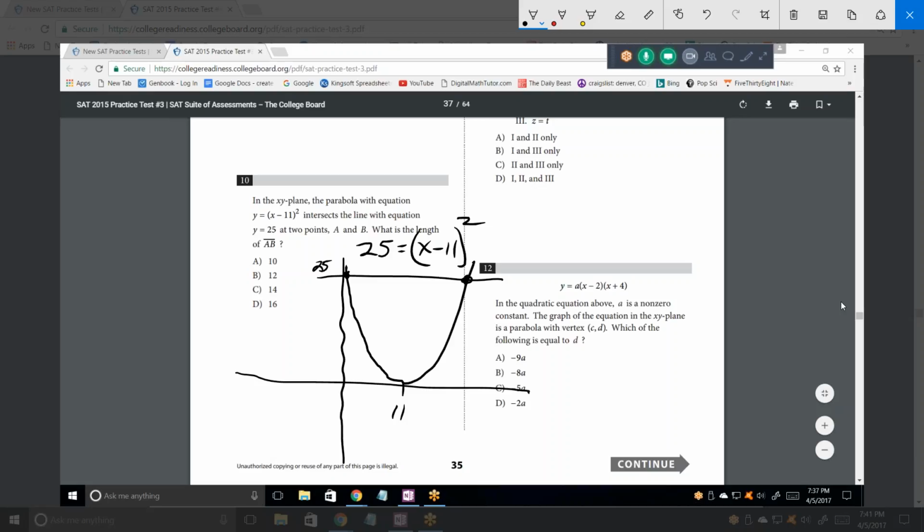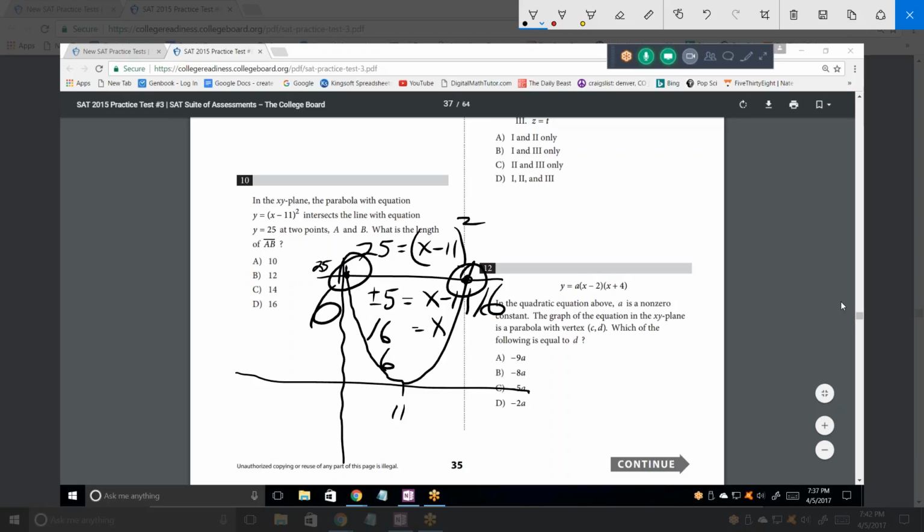Take the square root of both sides, and I get plus or minus 5 equals x minus 11. So x equals 16 or 6. That point 16, that point 6, the distance between them is 10. So I really didn't gain anything. The problem was just as easy using the function they gave us as realizing that I could have used y equals x squared.